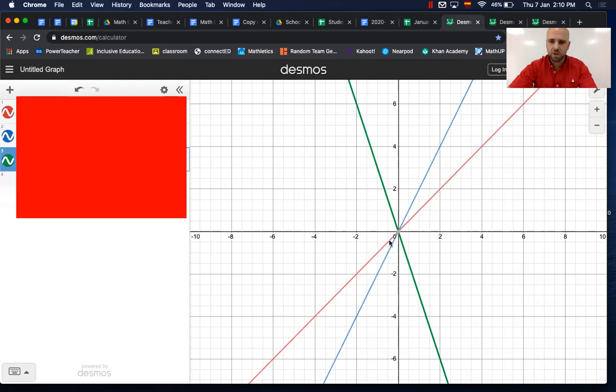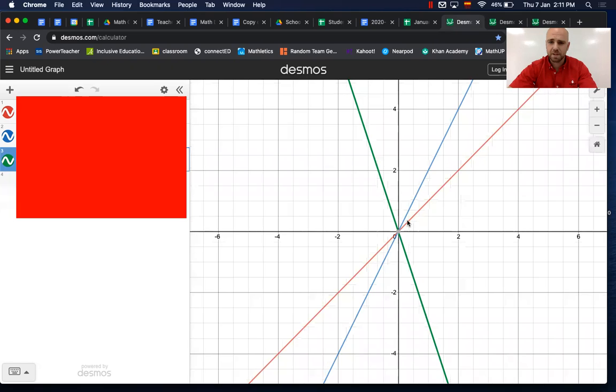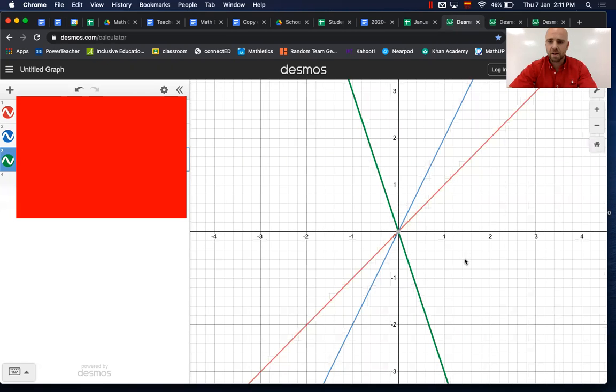Let's look at the red line. Even if I zoom in a bit more so that we have individual numbers on our x and y, what we're looking for is, as it changes by 1, how does it go up? It goes to the right 1, it goes up 1. So what might that expression be?